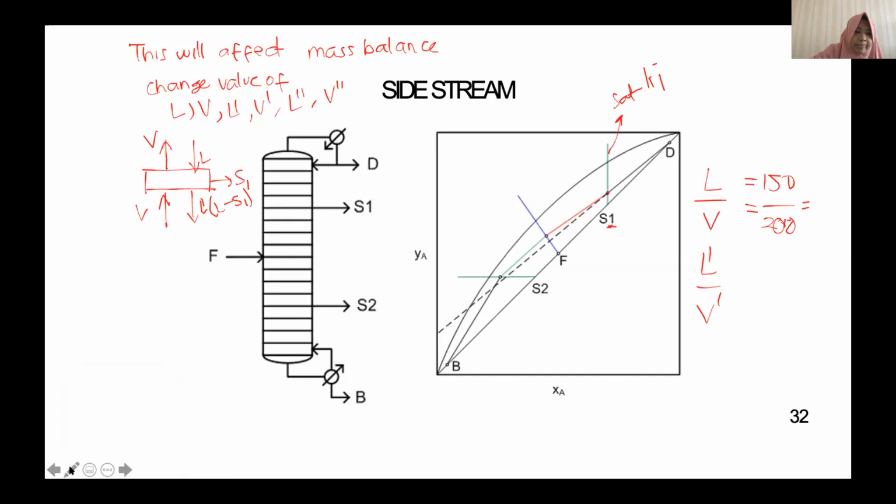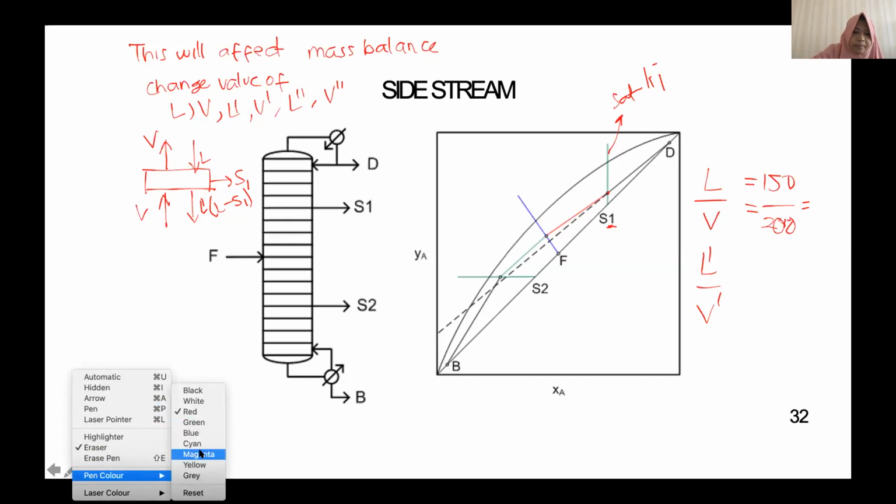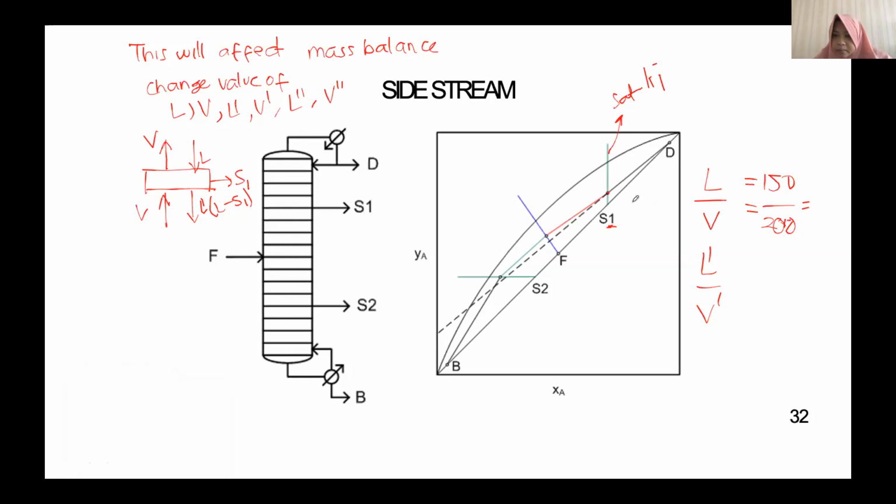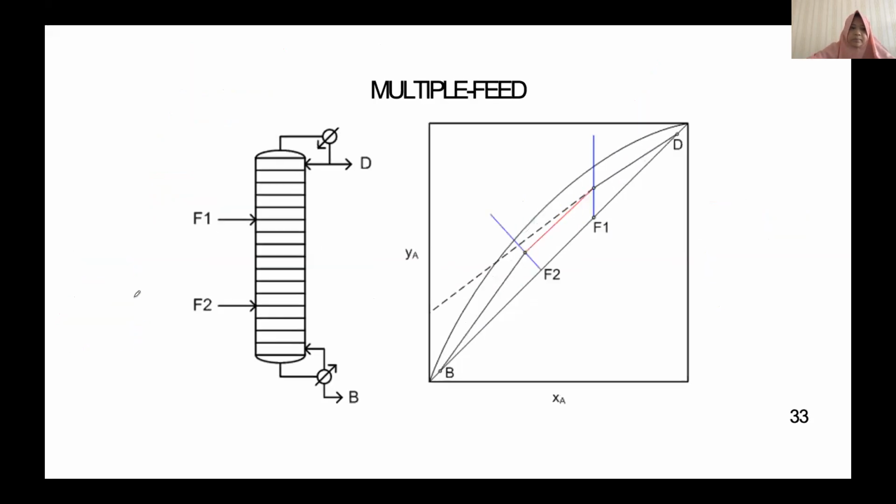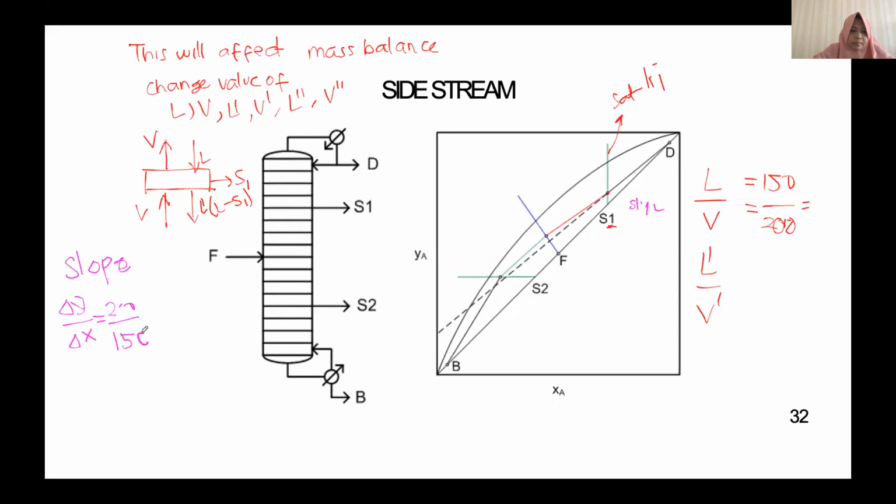So let's say the slope would be, for example, delta y over delta x, equal to 4 over 2.